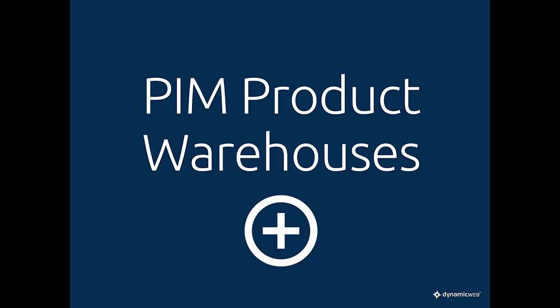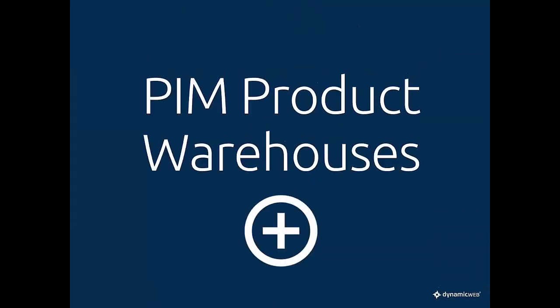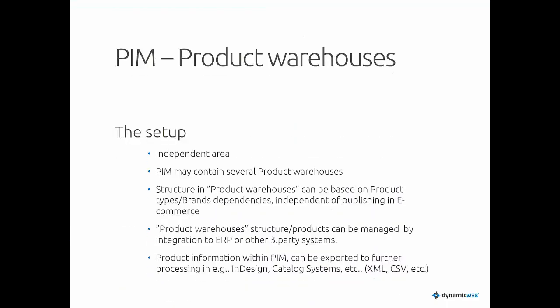So in Dynamicweb 9.3, we're going to introduce this PIM product warehouse concept, and basically what we're setting up is that PIM is moving from being a node inside e-commerce to be its own separate node in the administration.